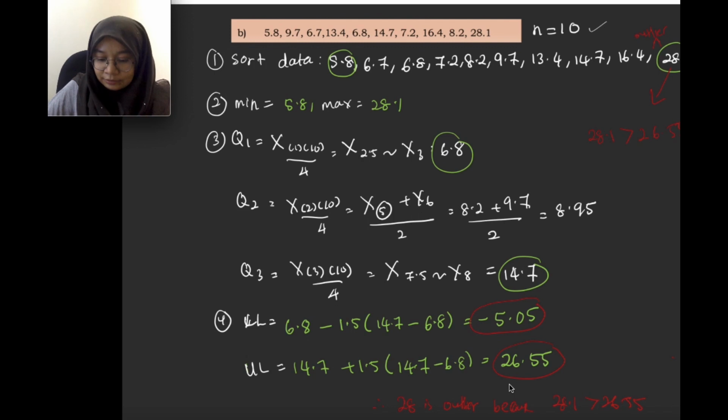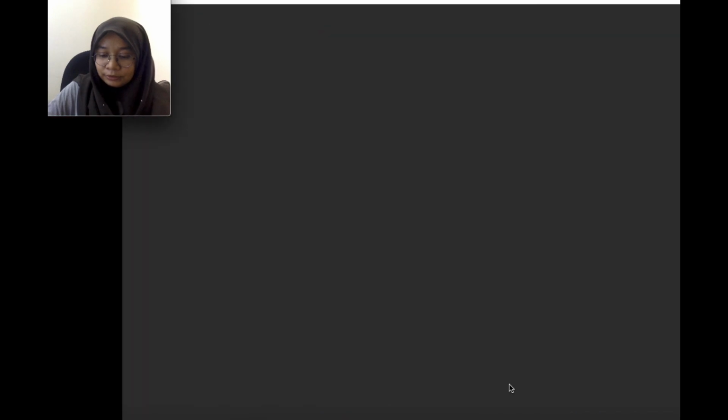So the 28.1 will be an outlier. Because of that, it will affect your maximum here. So your maximum is no longer 28.1. Your new maximum will be 16.4. So from this information, go to here.